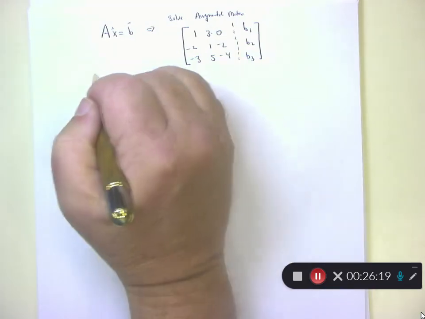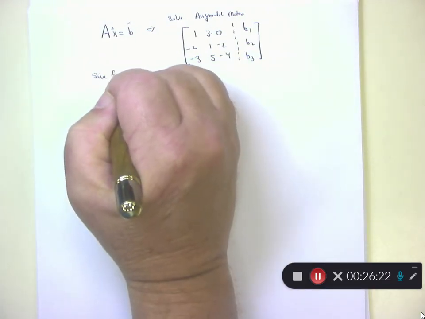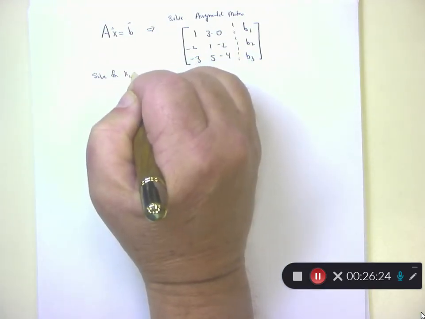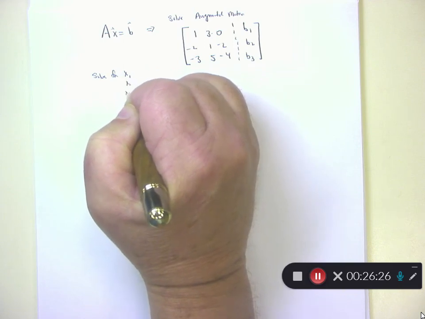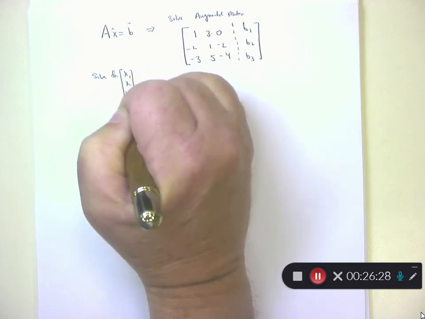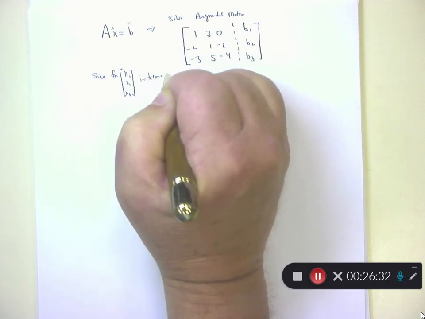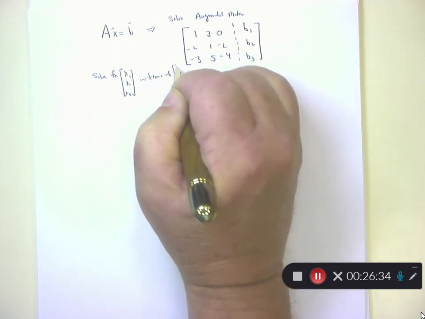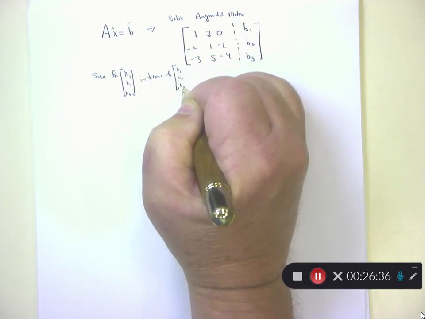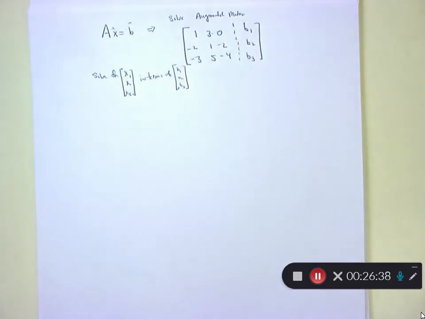We're going to solve for x1, x2, x3, your variable matrix, in terms of B1, B2, and B3. That's basically my goal here.